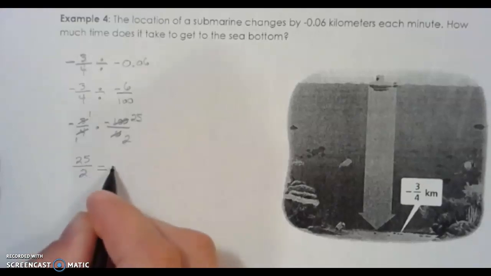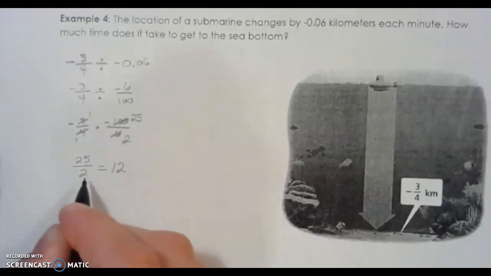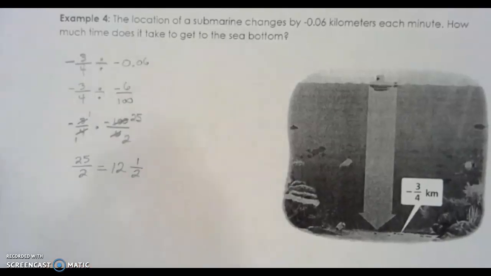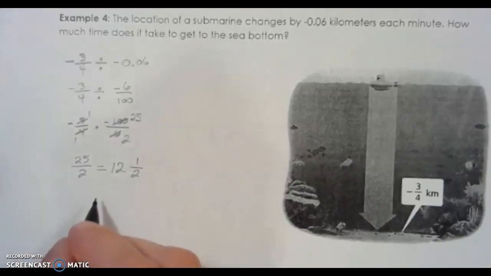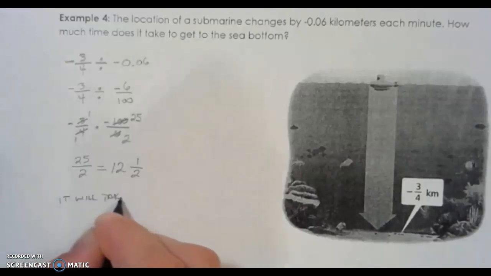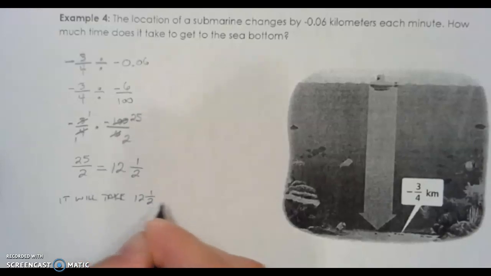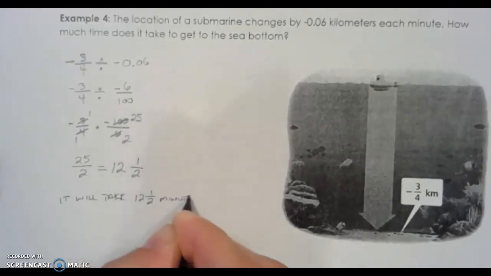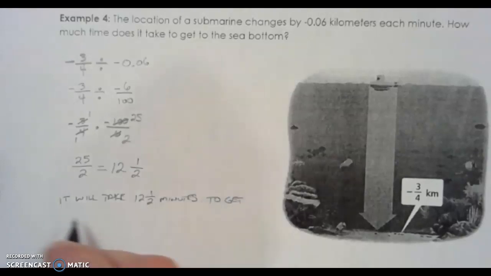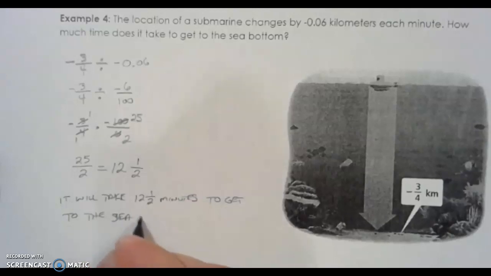Well, 2 goes into 25 12 times. 12 times 2 is 24, so there's going to be 1/2 still left over. And so this means that it will take 12.5 minutes to get to the bottom of the sea.